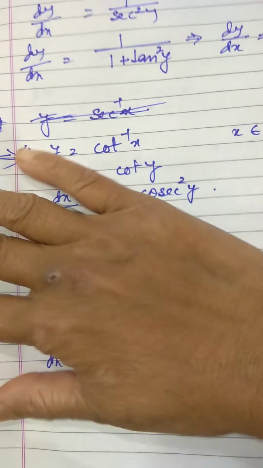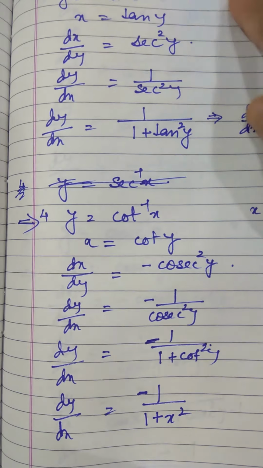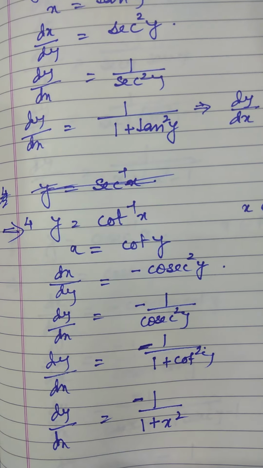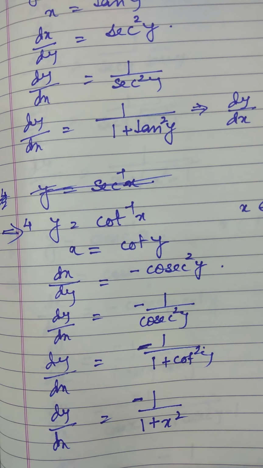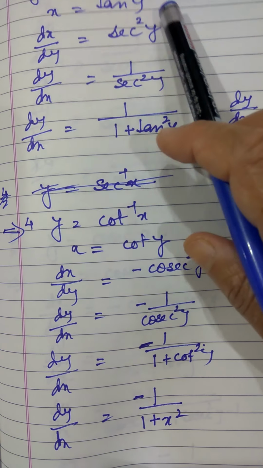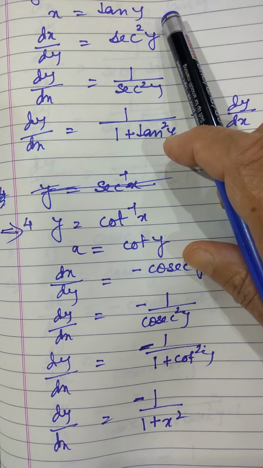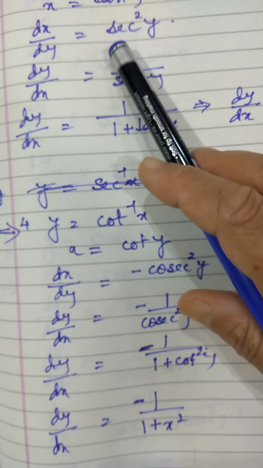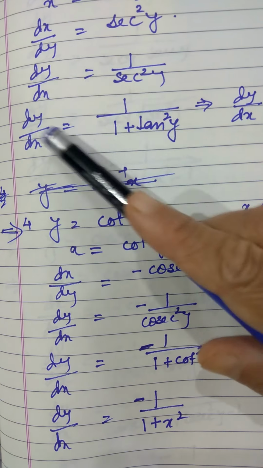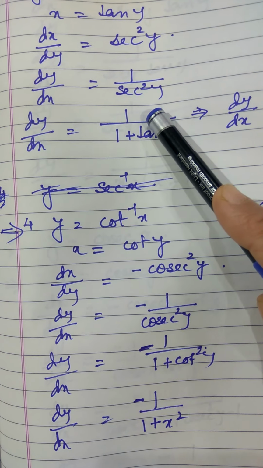Similarly, we'll take y is equal to tan inverse x, where x belongs to R, that is the set of real numbers. Put x is equal to tan y. Then dx upon dy is sec square y. dy by dx is 1 upon sec square y.